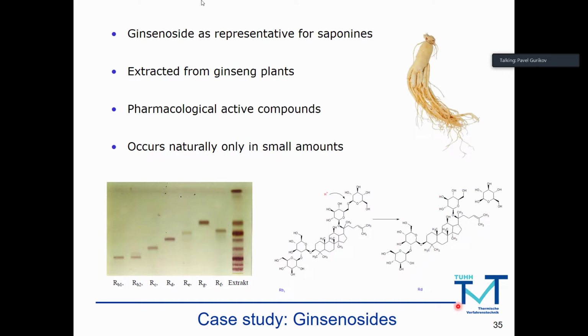So they asked us whether we can selectively get a specified, given product out of this starting compound. In other words, whether we can selectively hydrolyze this bond and get either a fully glucose-free product or one with a certain number of glucose units in it.